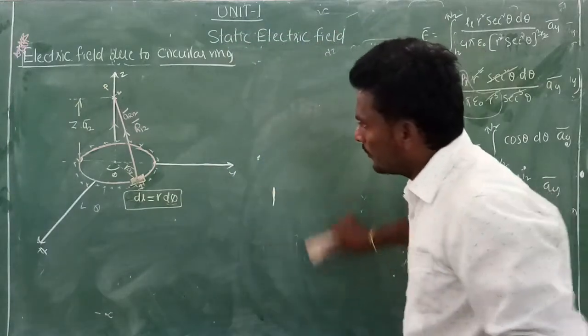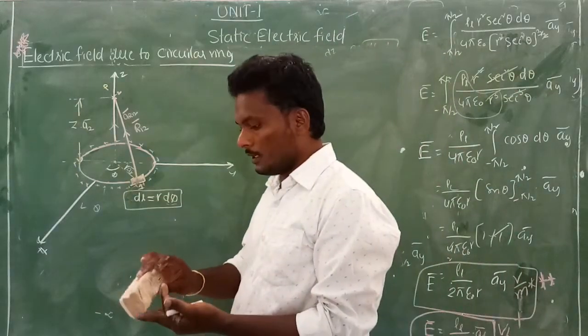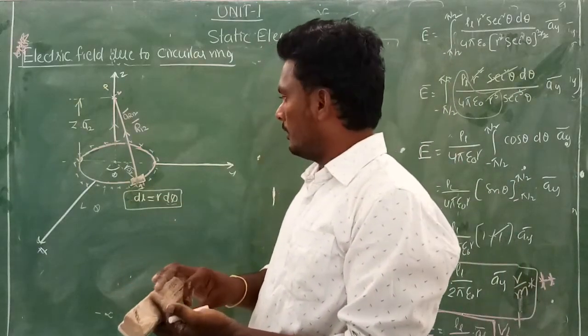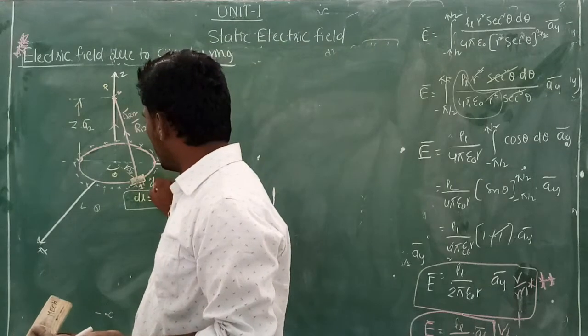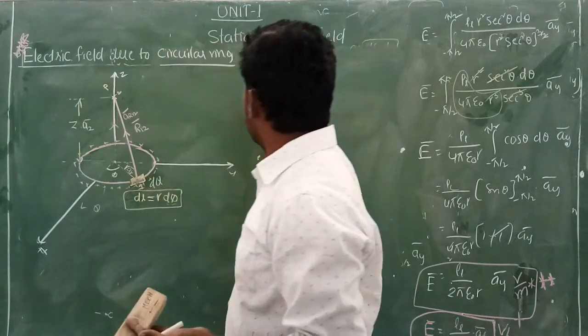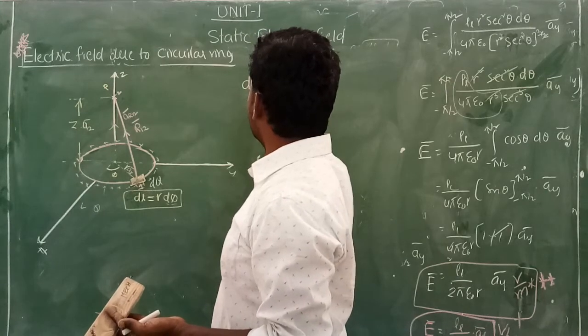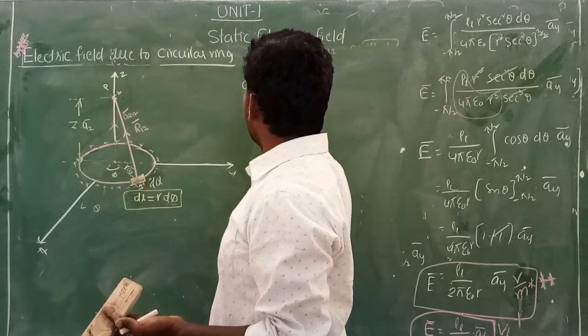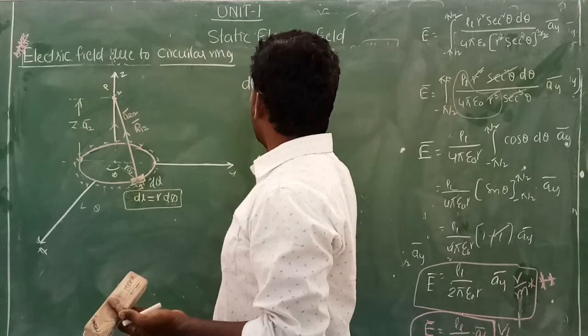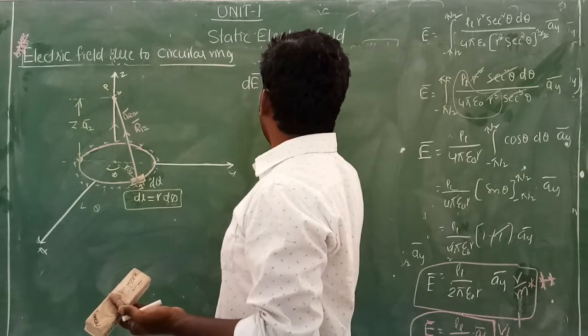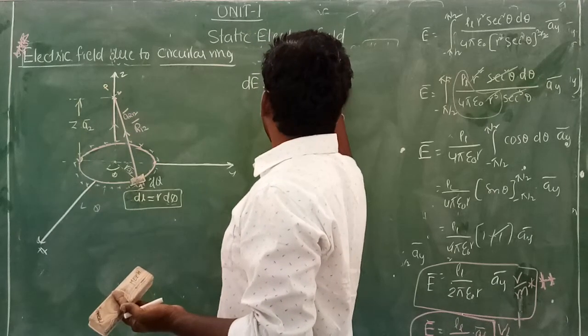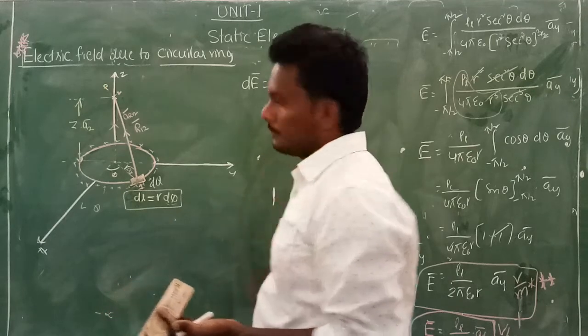What is the differential electric field intensity? As here we have considered the differential element, the charge is dq. So dE bar, the differential electric field intensity, is equal to dq by 4 pi epsilon naught magnitude of r12 squared into ar12 bar.